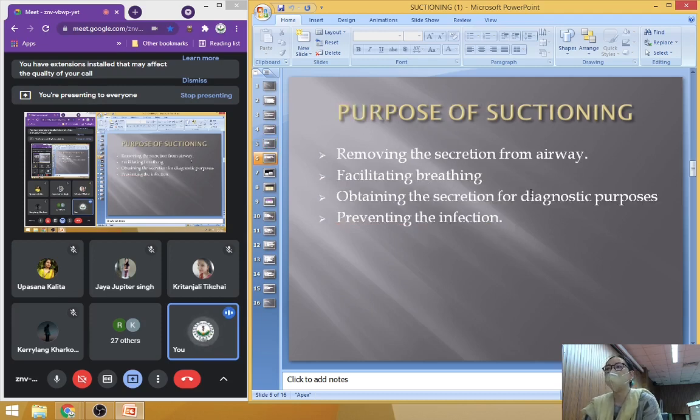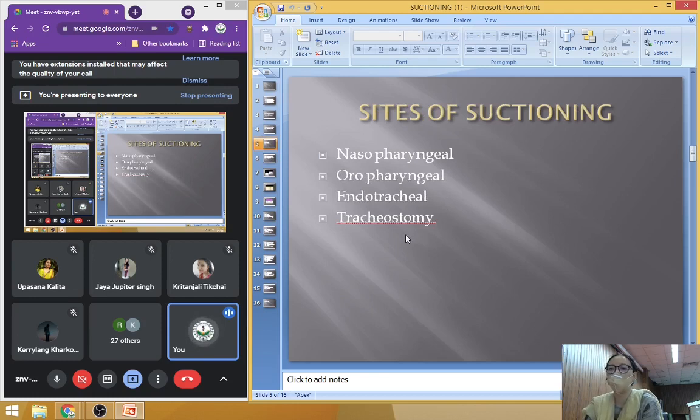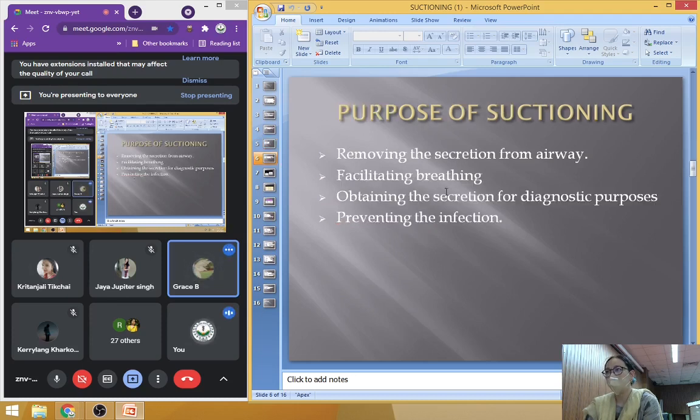And what is the purpose of suctioning? Tell me, one of you. Yes, Kritanjali. Removal of secretion, facilitate ventilation, take samples for diagnostic purpose, prevent infection. So this is removing the secretion from the airway.